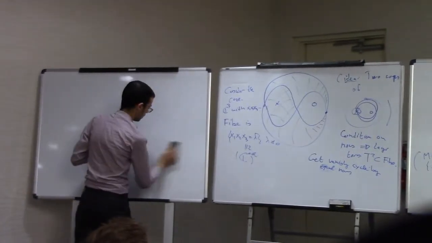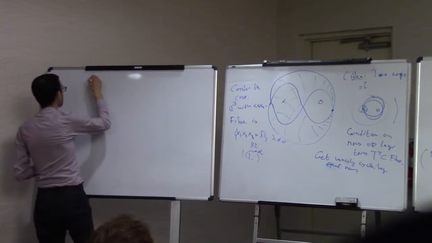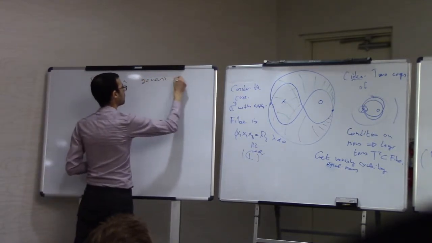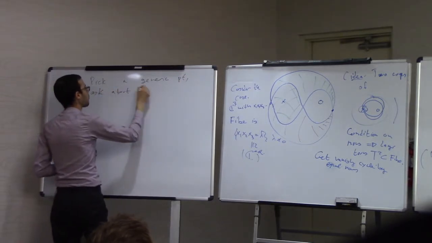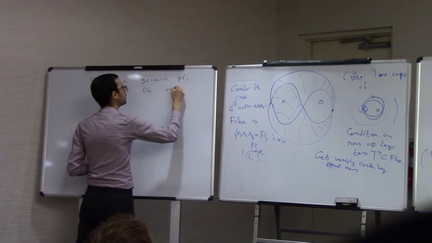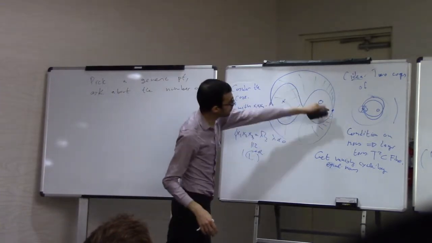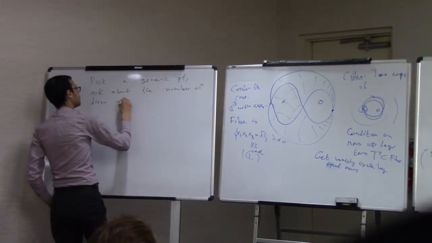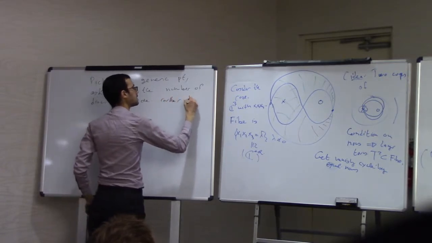We pick a generic point and ask about the number of, well, again, there's no disks, but there are these disks with one corner passing through that point.